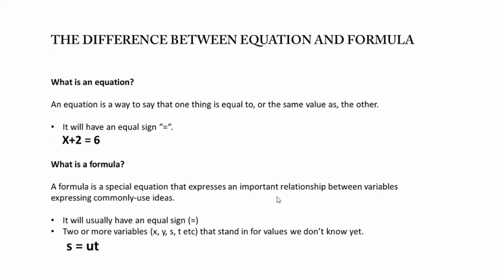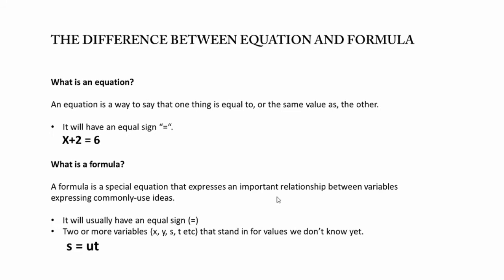When it comes to a formula, a formula is a special equation that expresses an important relationship between variables, expressing commonly used ideas. It will usually have an equal sign and two or more variables such as x, y, s, t, u, v, anything.